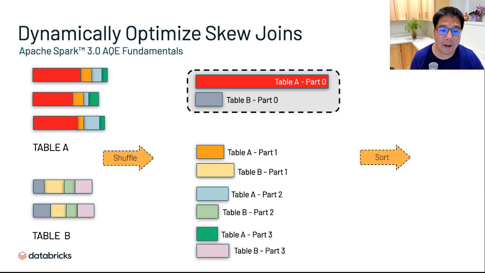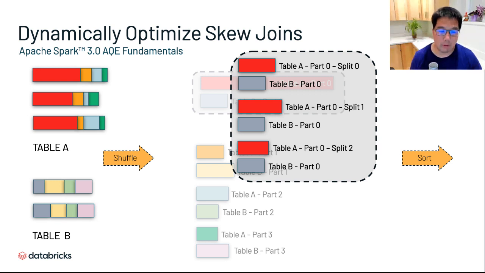So let's go back to our original problem of table A part 0 here in red, which contains the skew. Well, like we said, after realizing the partition is too large, AQE will add the skew reader to automatically split table A's partition part 0 into 3 segments: split 0, split 1, and split 2. Then it will also replicate table B part 0 to align with the splits that you've seen here.